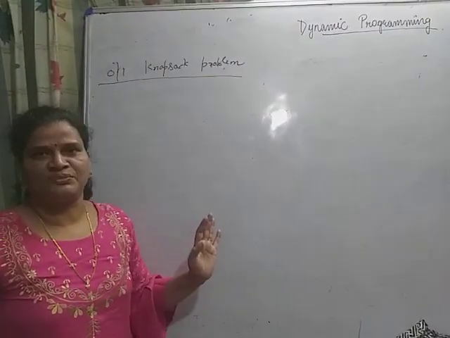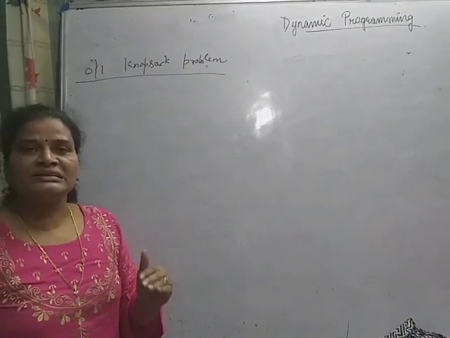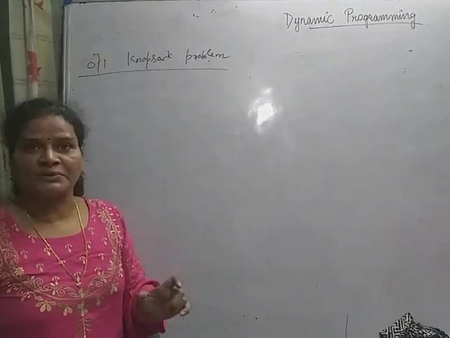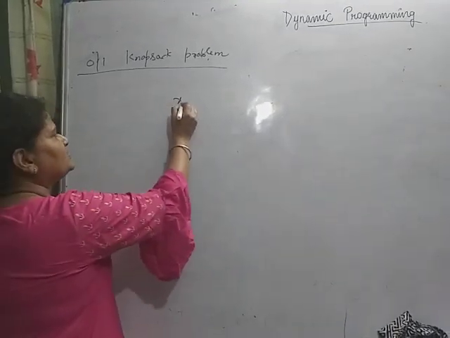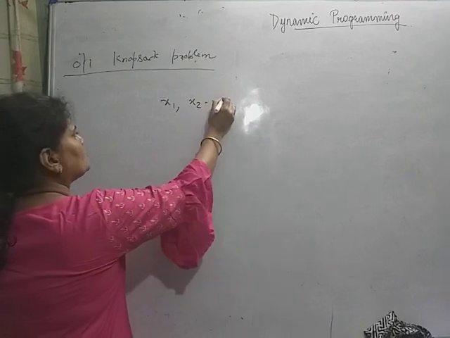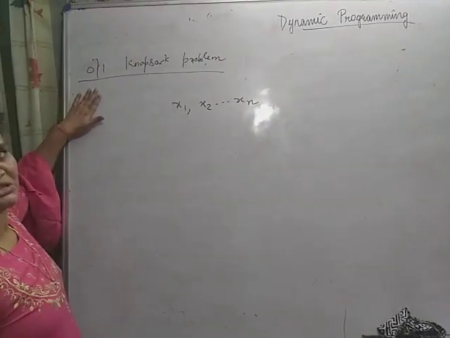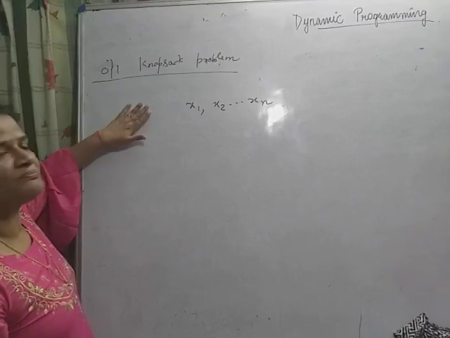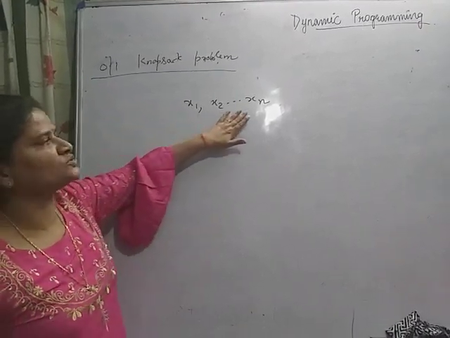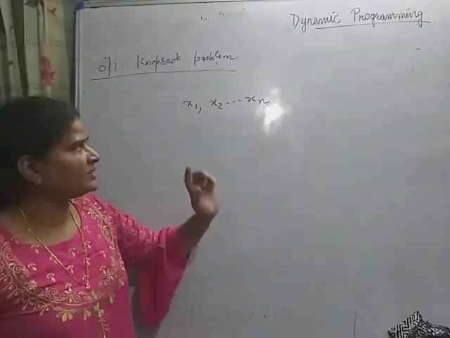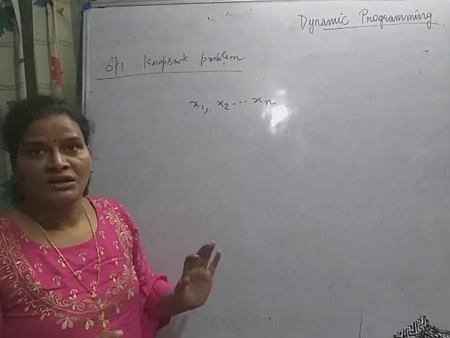Okay, see here in the 0-1 knapsack, I am not giving the statement, you know what a 0-1 knapsack problem is. In the 0-1 knapsack problem, the solution can be obtained by making a sequence of decisions on variables x1, x2, so on xn. First I will check whether the principle of optimality holds or not.